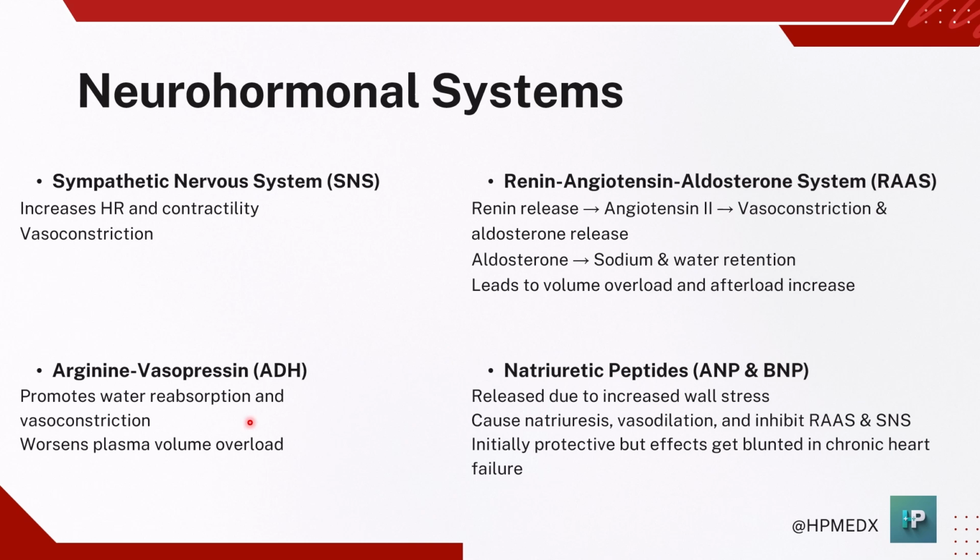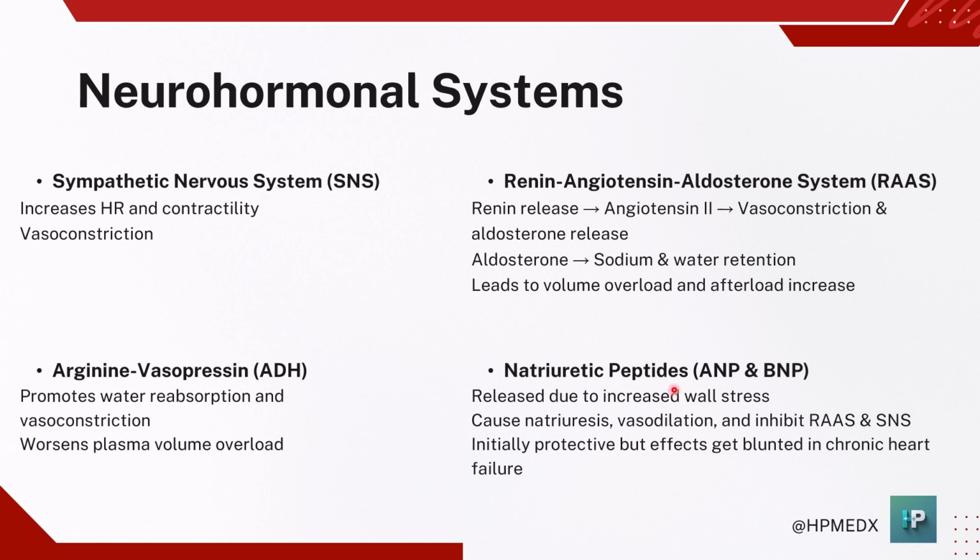And then arginine vasopressin, that is another name for antidiuretic hormone. Here you can see antidiuretic, so it prevents diuresis and promotes water reabsorption and vasoconstriction. It also results in plasma volume overload.